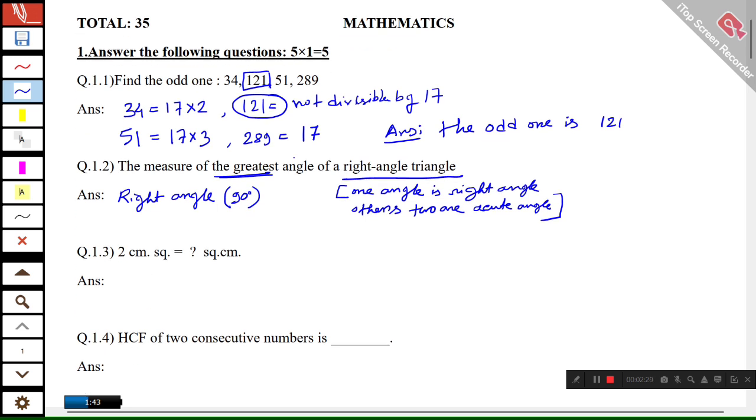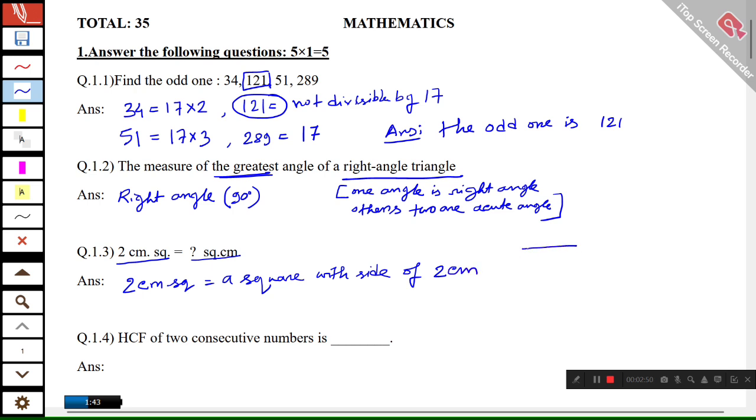Okay. 2 centimeter square equal to how many square centimeters? So 2 centimeter square means a square with side of 2 centimeter.